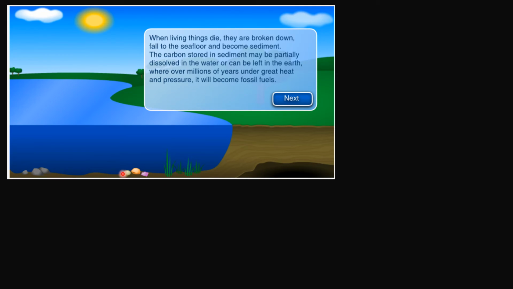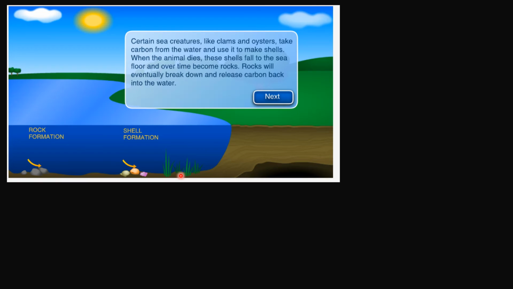Over time, the dead things become compacted, and there's a lot of heat and pressure applied to it over millions of years, and it can turn into fossil fuels. And so we talked about this a little bit, right? Some organisms use carbon in the water to form shells and things like that. And same thing, they also become part of the sediment.